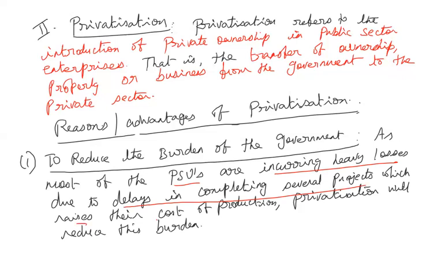So that is resulting in higher cost of production. So if it is handed over to the private sector, if not maybe the same project, or if it is different projects, so many things are under the public sector, isn't it? So whatever the unnecessary things are handed over to the private sector, that will reduce the burden on the government. Okay, so that is the first advantage.